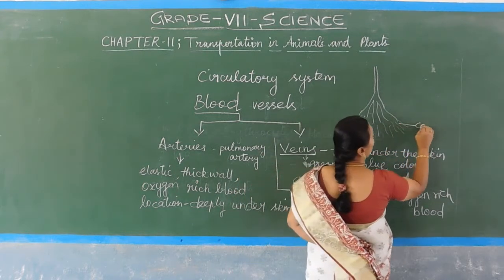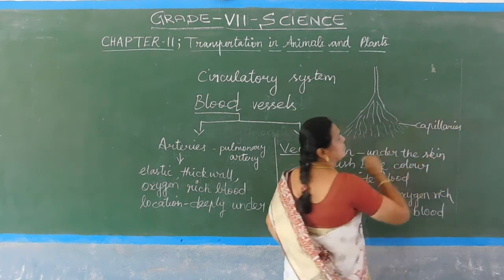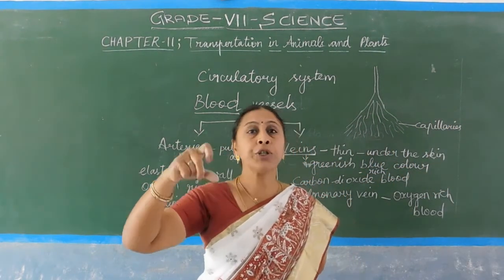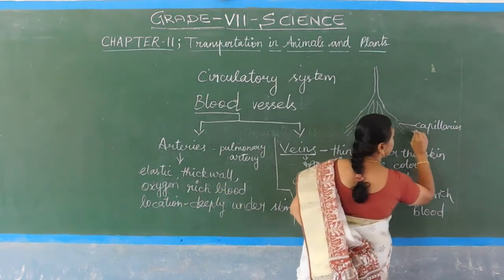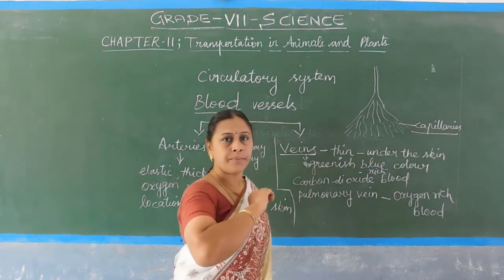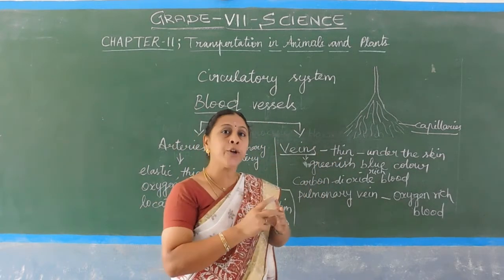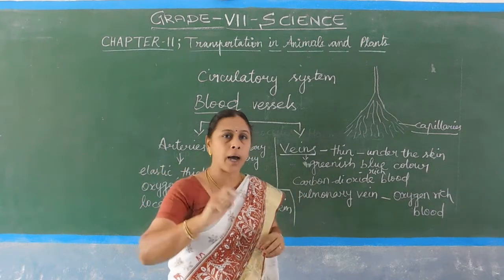And these are called capillaries. Very finely divided thin tubes of arteries are called capillaries. And these capillaries again unite to form the veins which will empty into the heart.